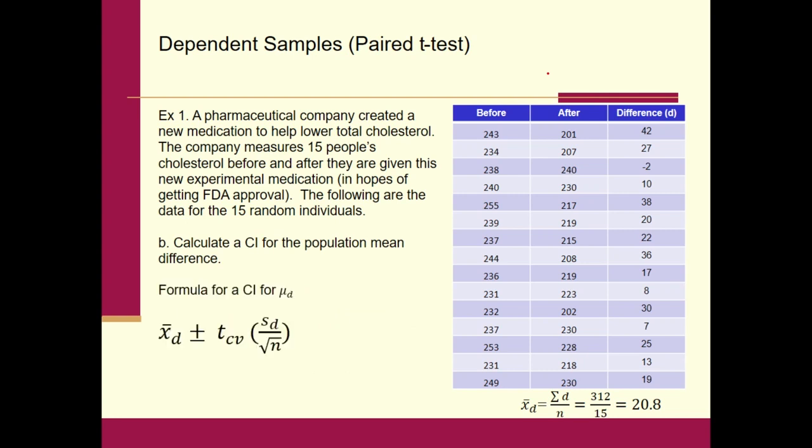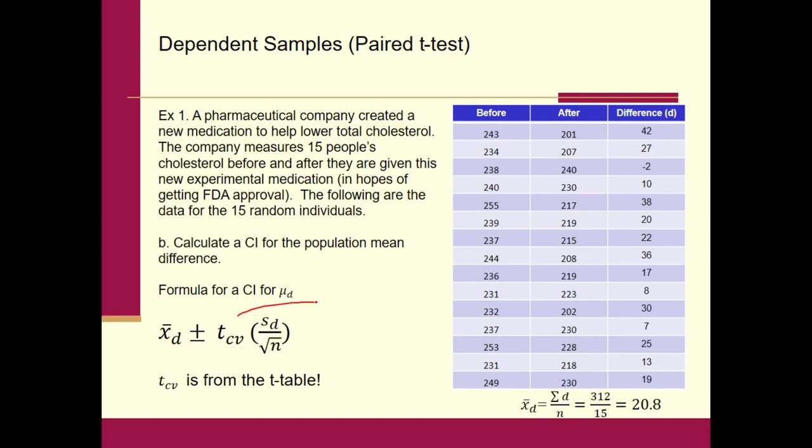The confidence interval is the following, and this should look familiar. Instead of x bar, we have x bar sub d. Instead of s, we have s sub d. The critical value is the same thing. Where do we get this from? We get the critical value from the t-table.